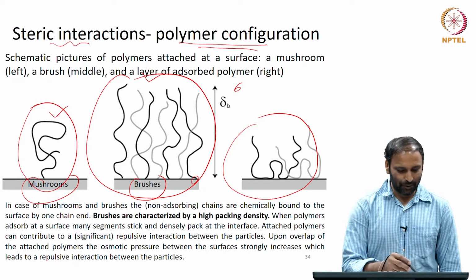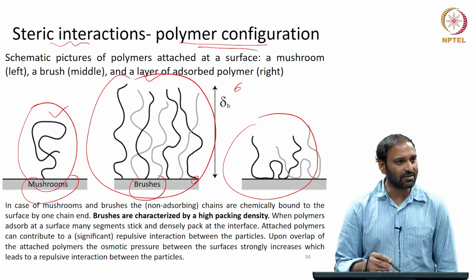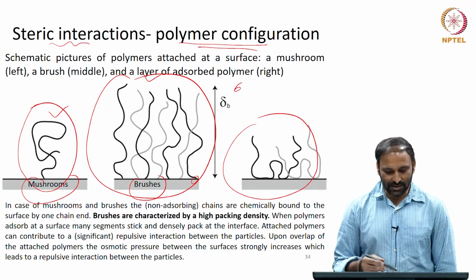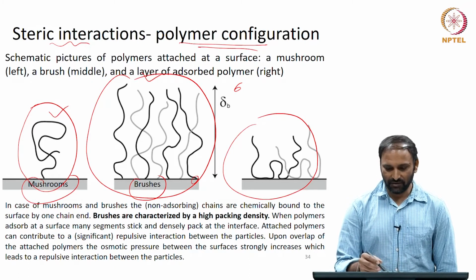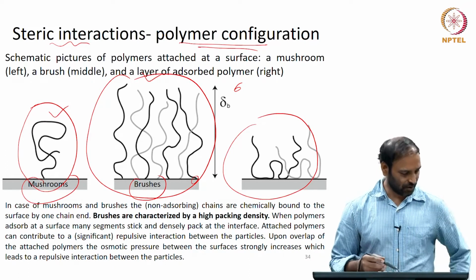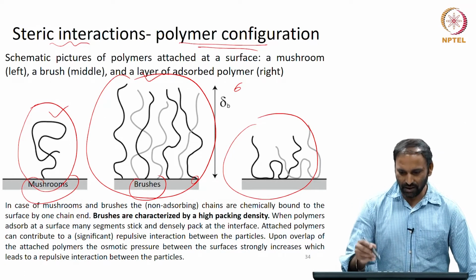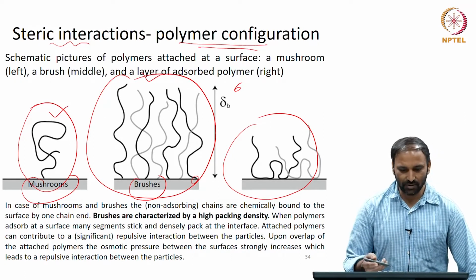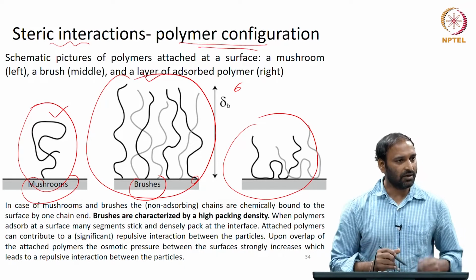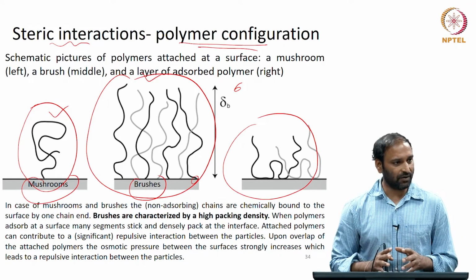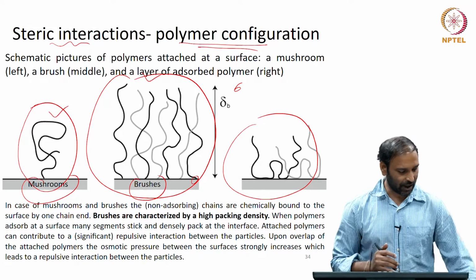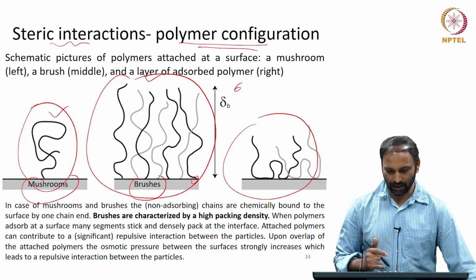Because you would have to have an idea about the configuration of the polymer chains. You should have a definite understanding of or measurement of the grafting density, all of that. So I don't have any more stuff on steric repulsion. Again, the book that I mentioned does have sufficient chapters on steric interactions. If you want to read more, you can go back and read up a little bit.